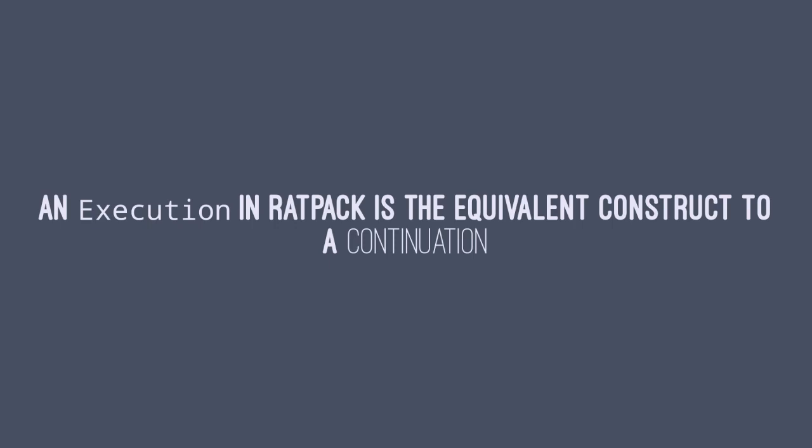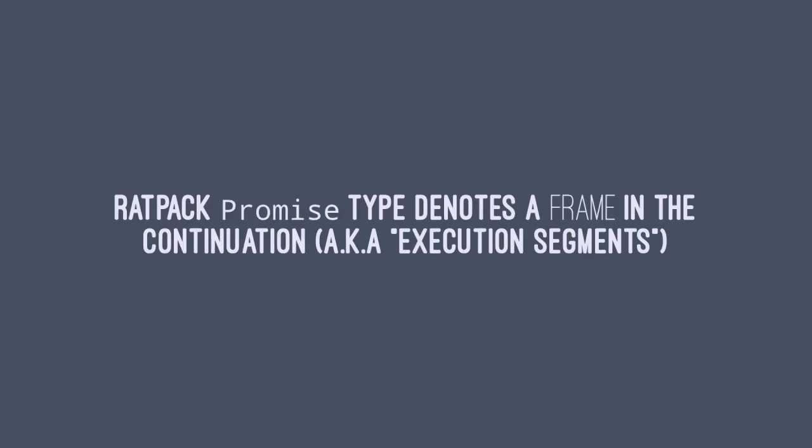And this is roughly the equivalent construct to a continuation. And the problem is that on the JVM, we have no continuations, right? There is no native support for that. So unless you're using a Java agent to modify all of the underlying bytecode to make this work, which is not a great solution in my opinion, then we don't have a way to do that. And that's why the execution exists.